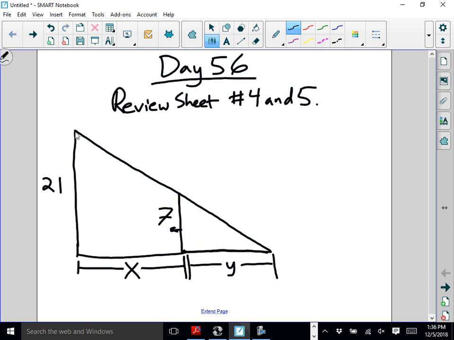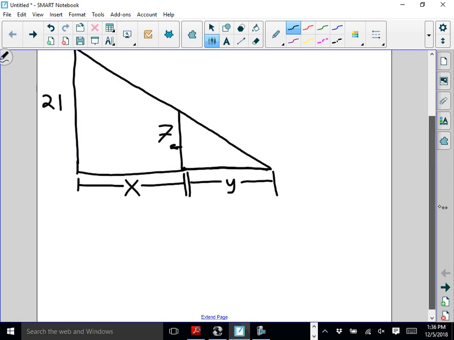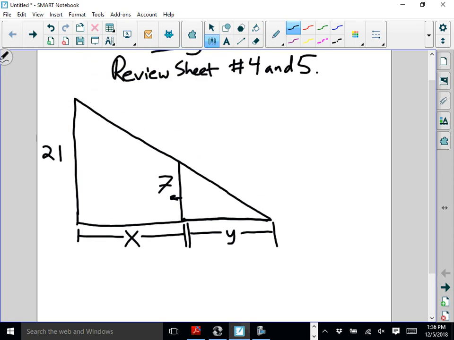So let's make a known column and start filling in things that we know. Well, here's what we know. We know how fast the player is walking. He's walking at a rate of 5 feet per second.